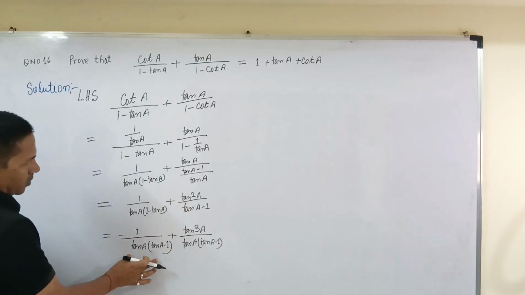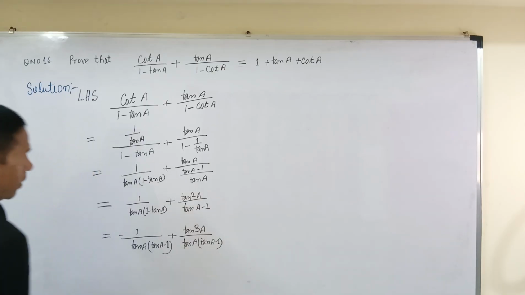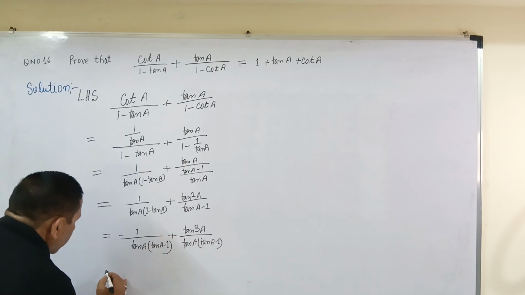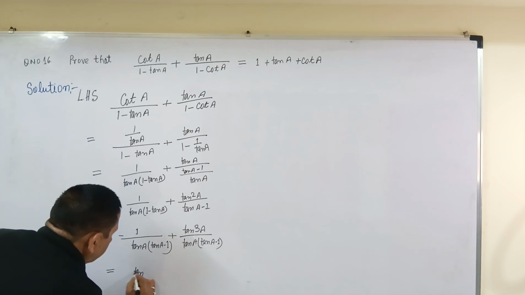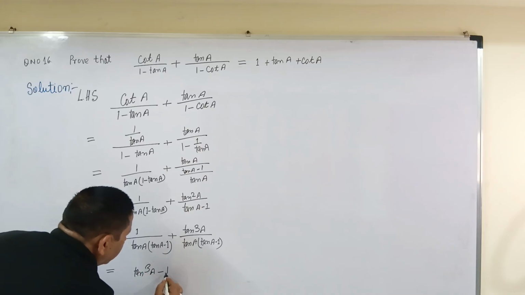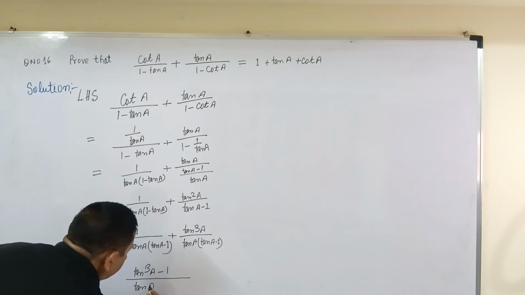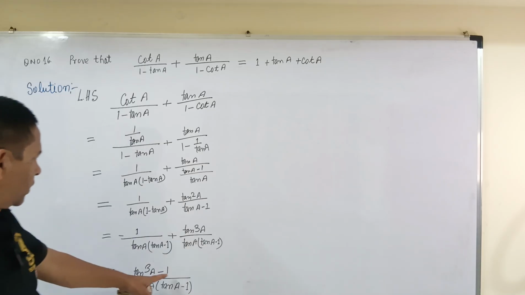Now this denominator is same, so numerator will be added up. So now I can write tan cube A minus 1 upon tan A into tan A minus 1.